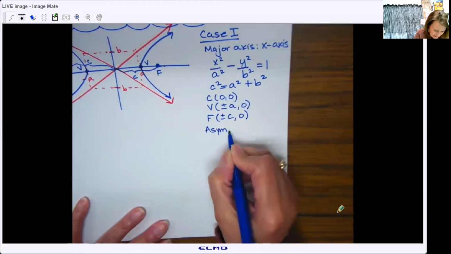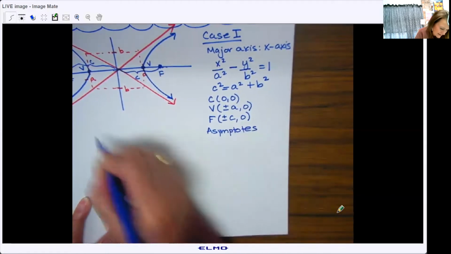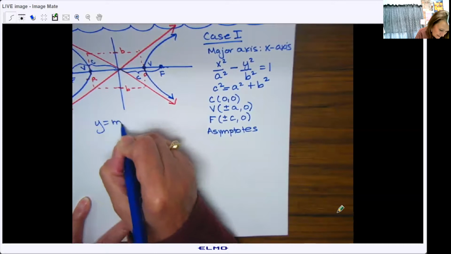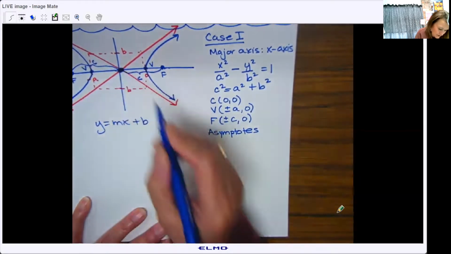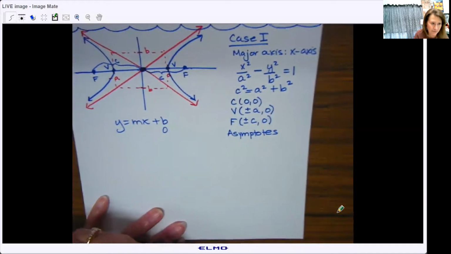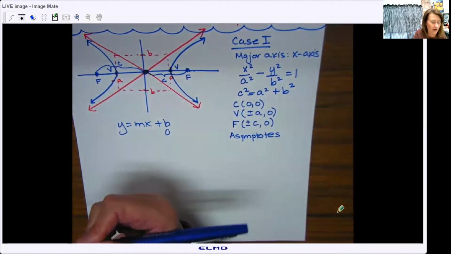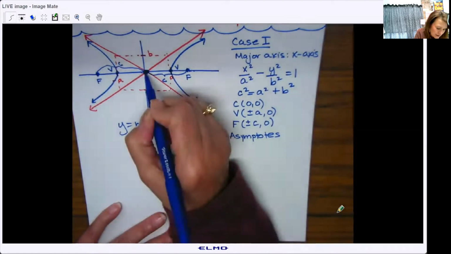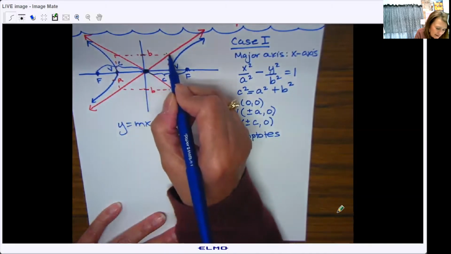Okay, let's look at these. So let's see, y equals mx plus b. Now, because these go through the origin, our b is going to be 0 for these two lines. I'm going to ask you to find the equation of that. All we need then is the slope. Let's see, you rise b and run a.